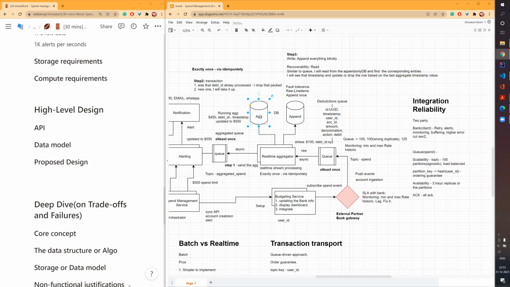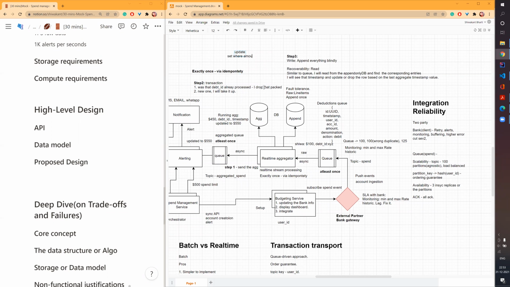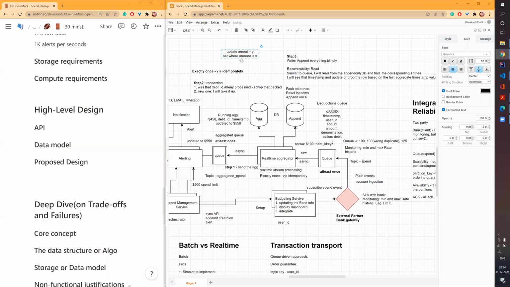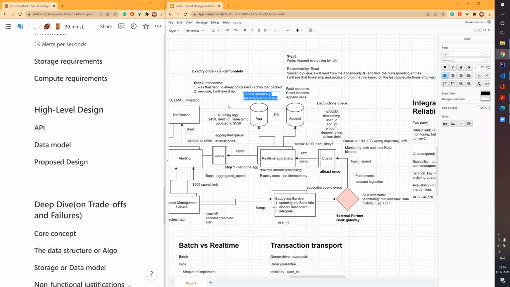One function that I know of is the update and set model, so we can use something like this, based on whatever the data is: update amount equal to Y, set where amount is X. This is a very loosely defined syntax, but what we intend is that only for those rows where this condition applies will it do the write. So this will be an atomic write, and it will not lock for really long, right?